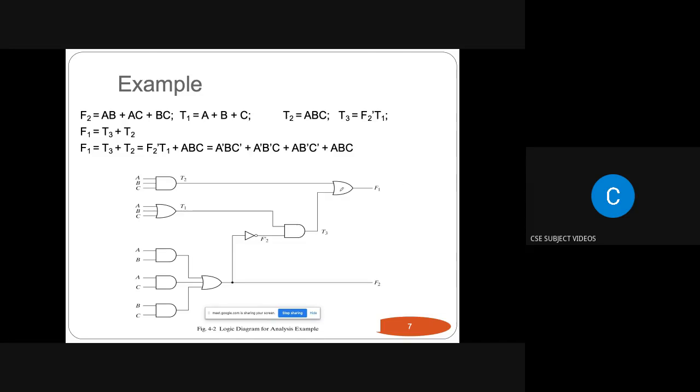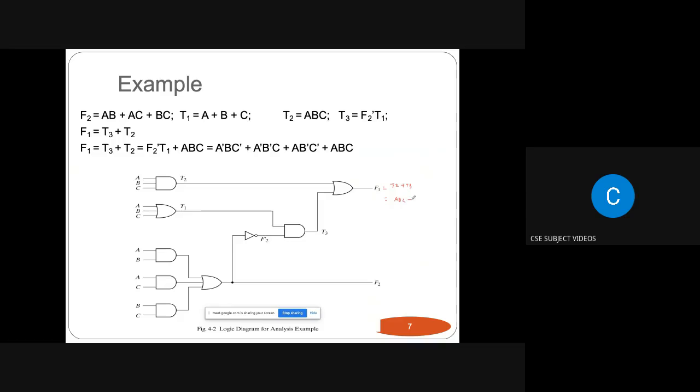it is a combination of T2 and T3. That is the output of the OR gate. That is T2 plus T3. And what is T2? T2 we have already found is ABC.